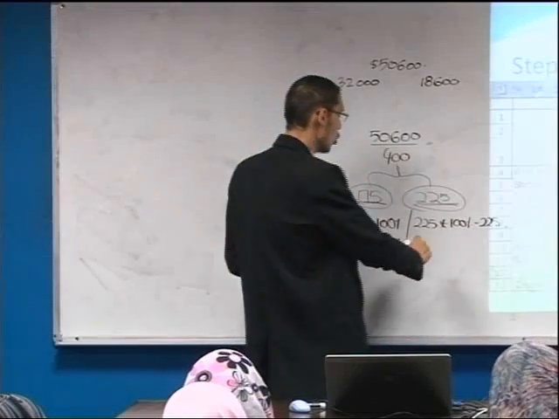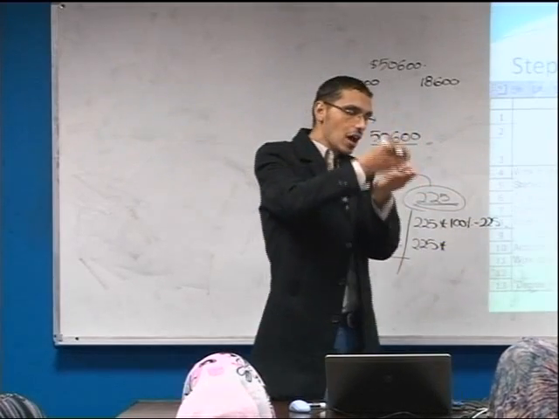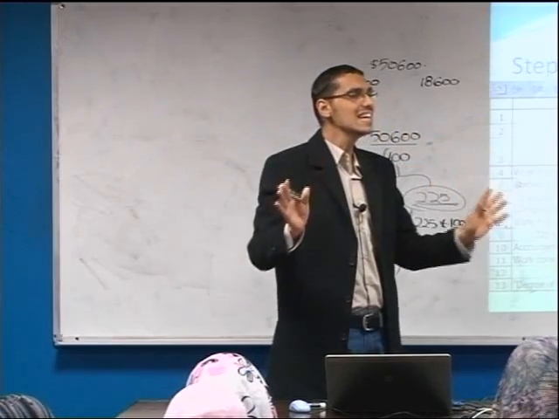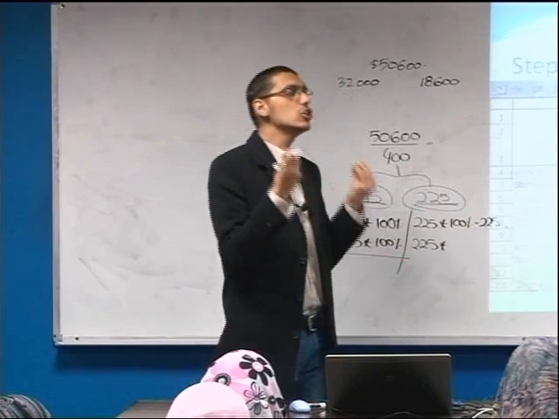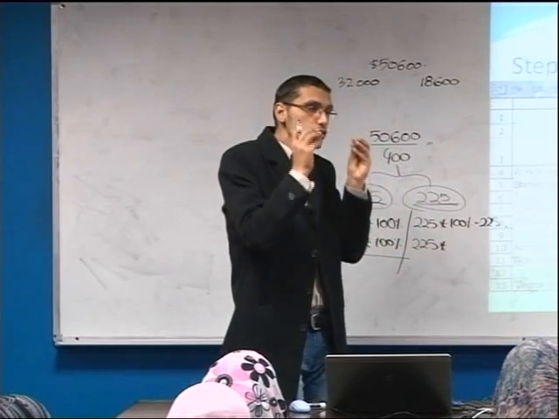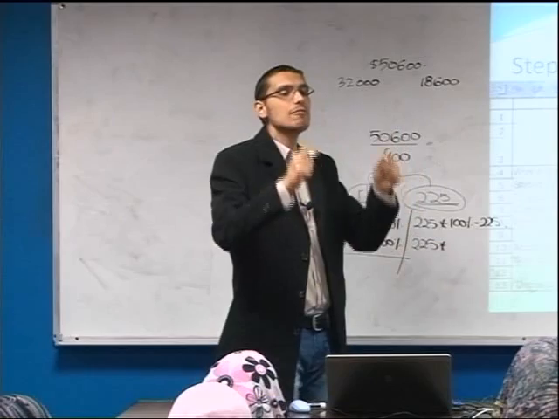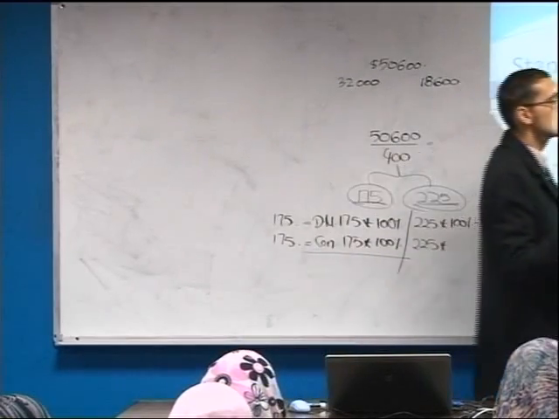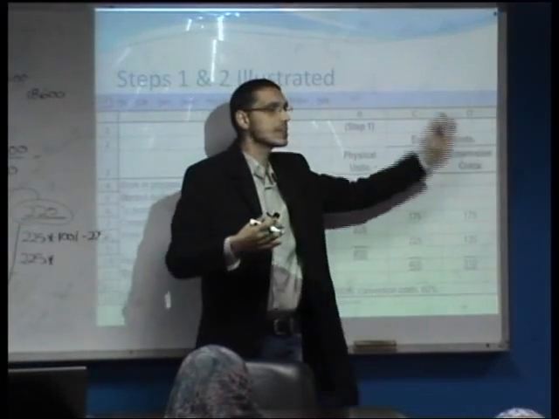Now let us consider the conversion costs. Of course, for the conversion costs, we have only reached up to the level of 60%. Therefore, the percentage of completion here is only 60%. Therefore, we need to answer the question, how many units would have been produced in full as completed and transferred out if we have incurred the same costs that were incurred in order to reach the 225 to 60% of conversion costs?